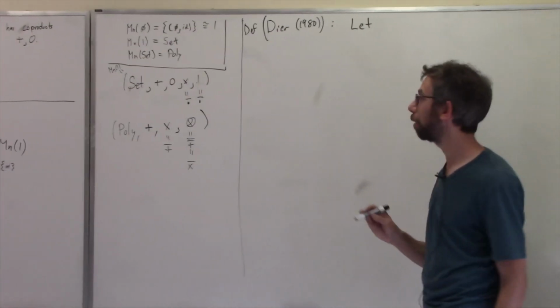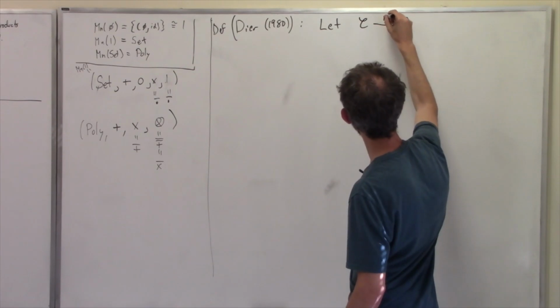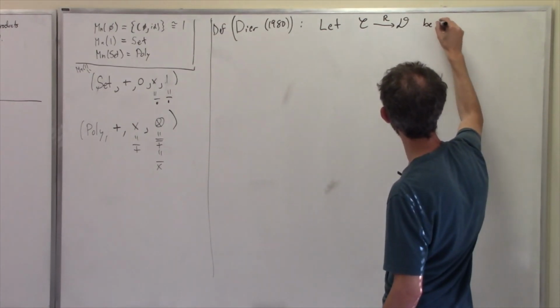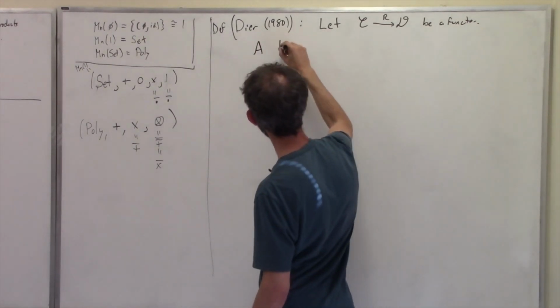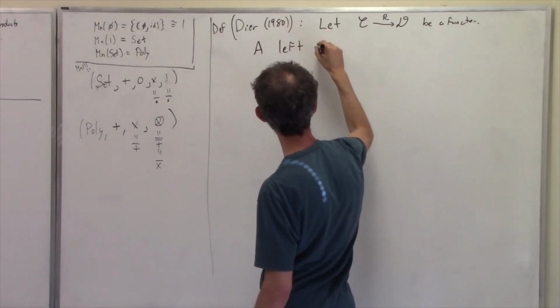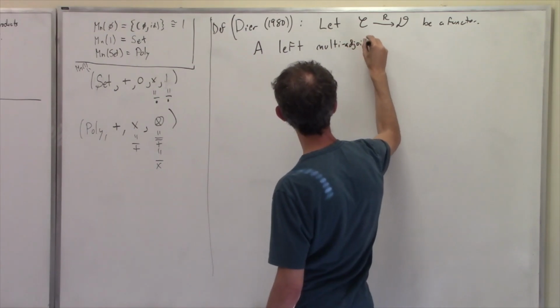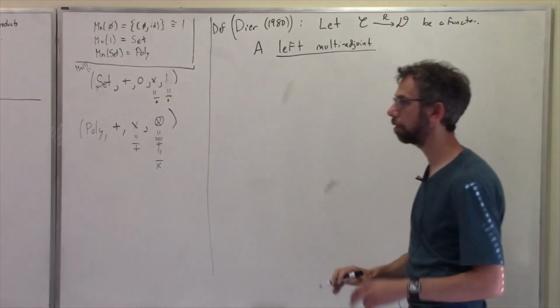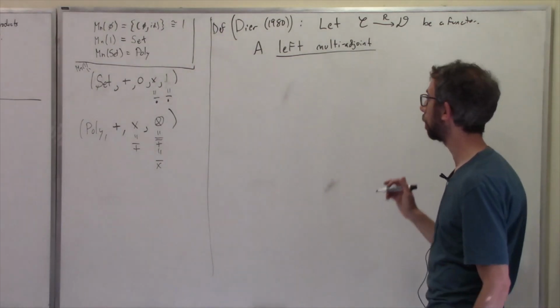So suppose you have a functor R from C to D. It's always left for some reason, a left multi-adjoint. This is just part of the talk that is just category theory that many people don't know, at least I didn't until very recently.